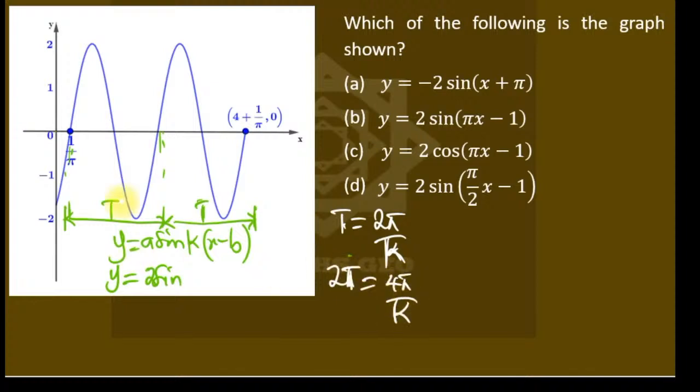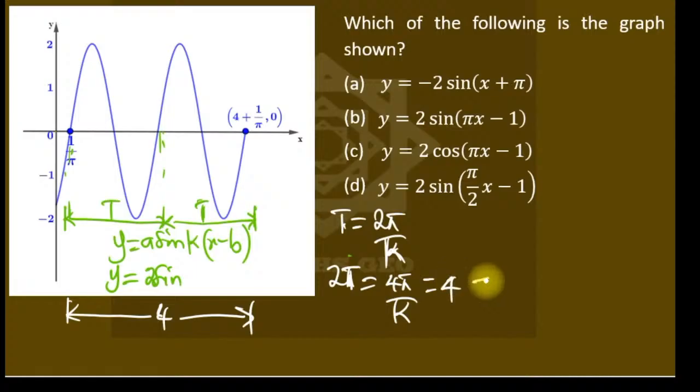And let's get the value. So this is 1 over pi. Why is this 4 plus 1 over pi? So meaning that this 2 periods, from here to here, will be 4. Since here is 1 over pi and here is 4 plus 1 over pi, the gap is 4. So this is equal to 4.